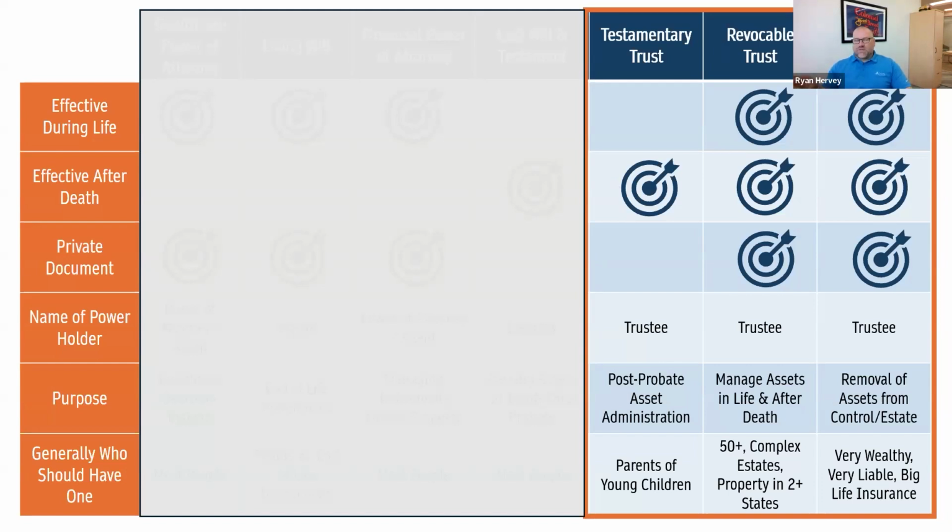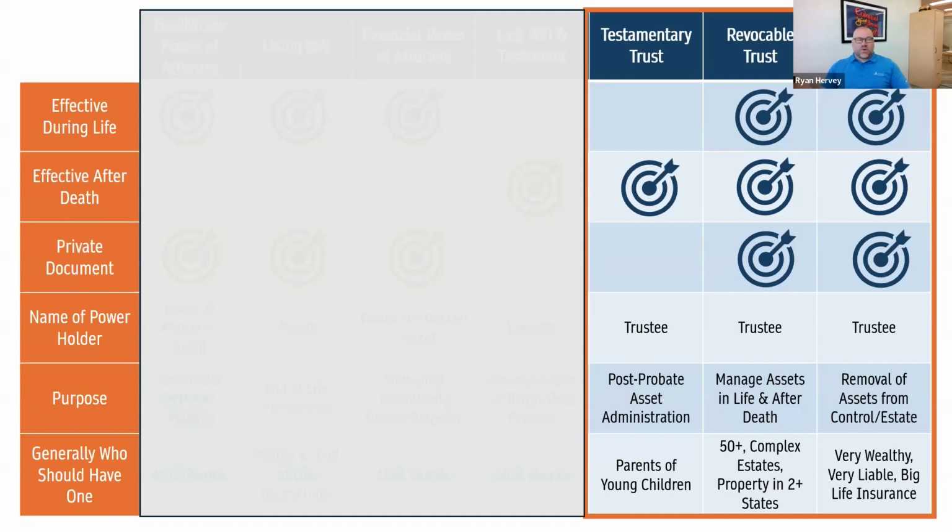All three types are effective after your death. Where a power of attorney document stops the minute you die, a trust can go on for a very long time. You know, in Rome, they used this to control property for hundreds and hundreds of years. It would become part of the English system of aristocracy in controlling property for hundreds and hundreds of years. So a trust is really designed for ongoing after-death planning.